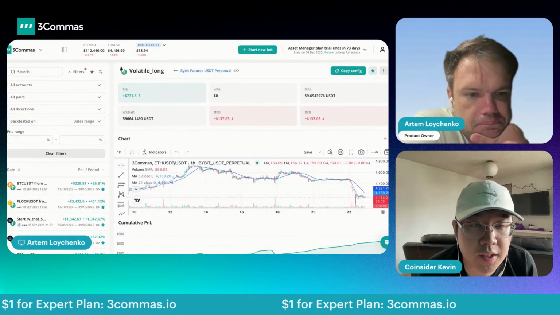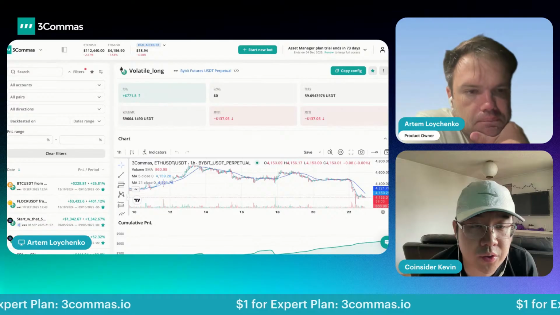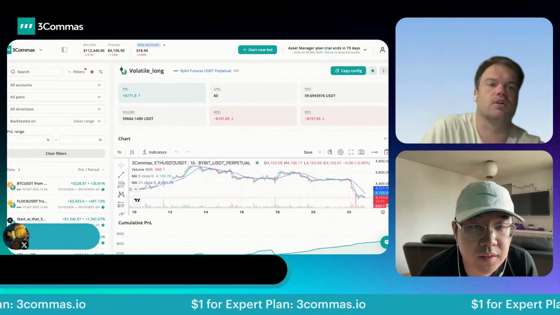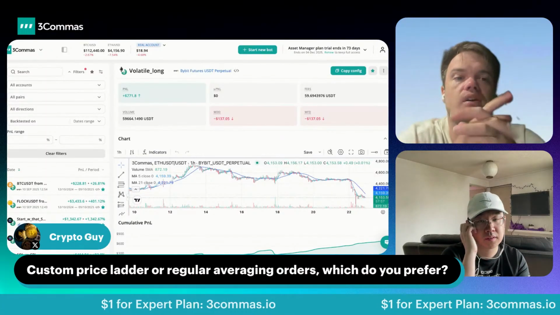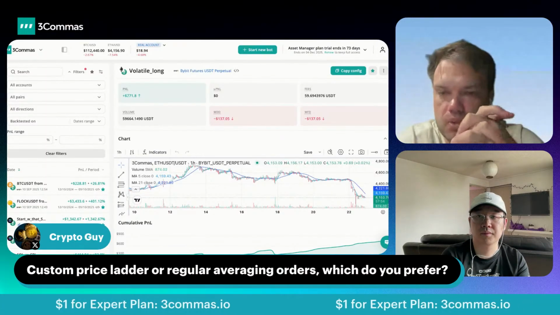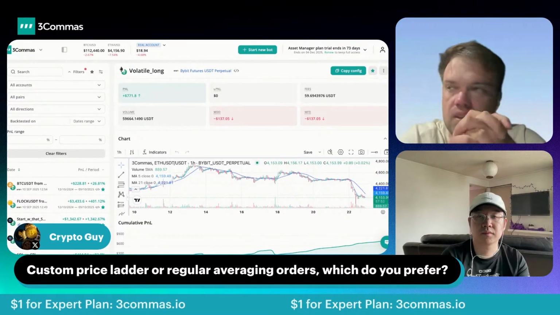Which do you use more, custom price ladder or averaging orders? Oh, it's a good question, actually. So we recently just introduced a custom price ladder, and I personally use more custom price ladder because I think it's easier to set up. I think that market always is going into cycles.